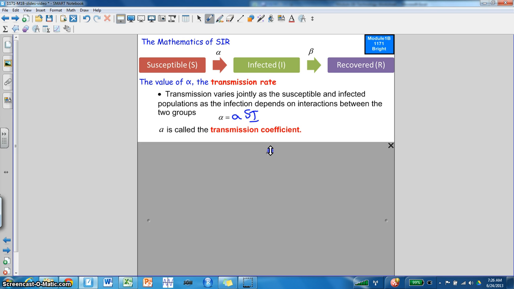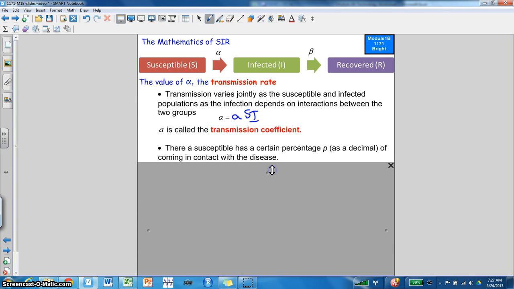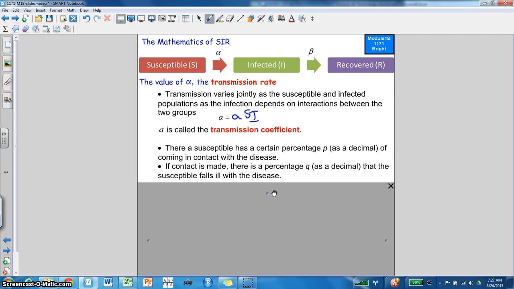But I want to break a down, because sometimes we're given more information and we can't easily determine what a is. To determine a, we have to remember that a susceptible person has a certain percentage chance of coming in contact with the disease. They have such and such percent of encountering a person with the disease. Then if contact is made, there's a percentage that they actually fall ill with the disease.